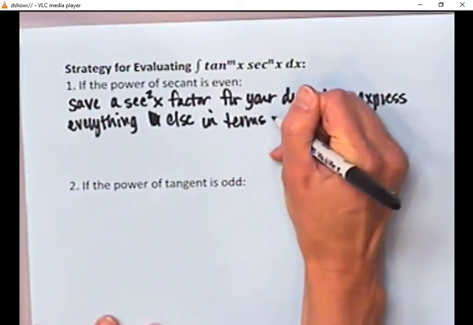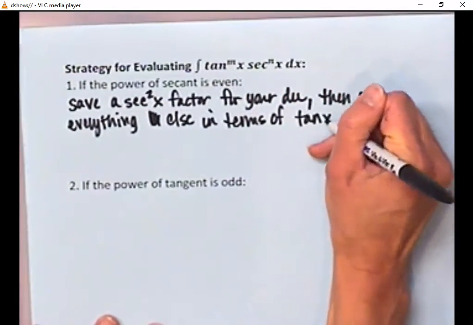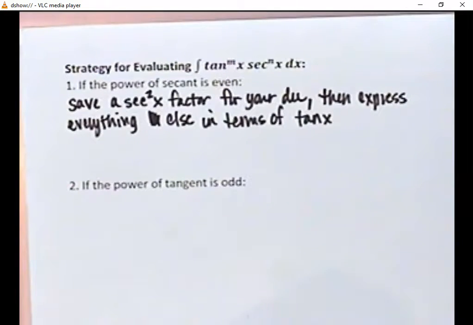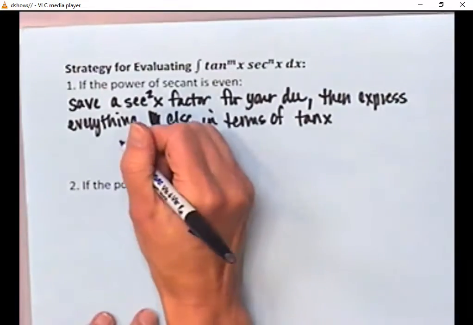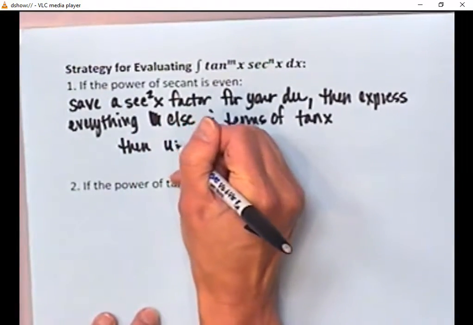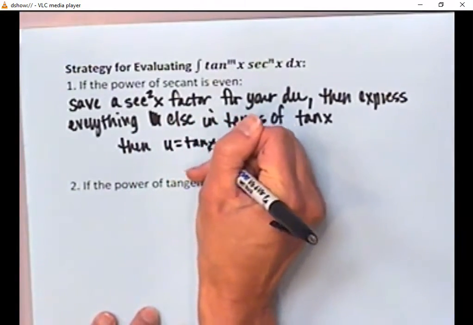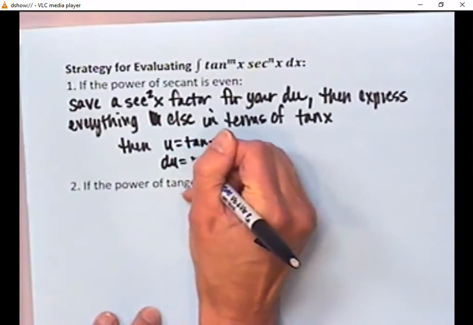That will be the best strategy there. If we can express everything in tangent, you may use that identity, 1 plus tangent squared equals secant squared. But that's your goal, because then your u will be the tangent and your du will be that secant squared.